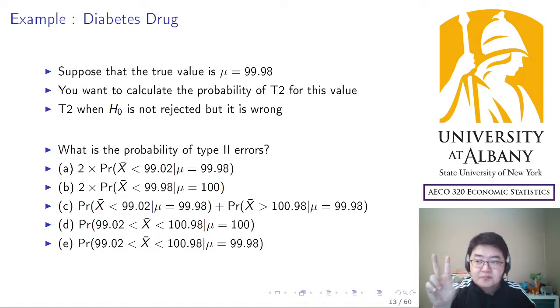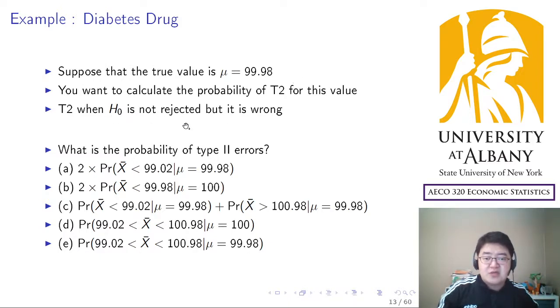3, 2, 1. So then you have to think about the definition of type 2 errors. Type 2 error is not rejecting H0, even if it's wrong. Especially, the probability that you don't reject H0 when mu is 99.98. That's the case we are considering.